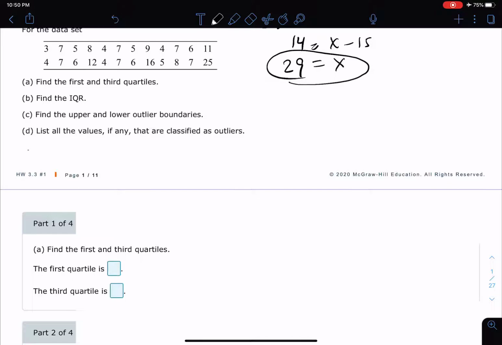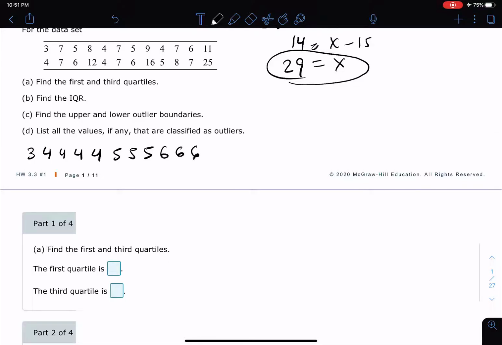Looks like we have a 3. 1, 2, 3, 4 fours. And then 3 fives. And then 3 sixes. 1, 2, 3.